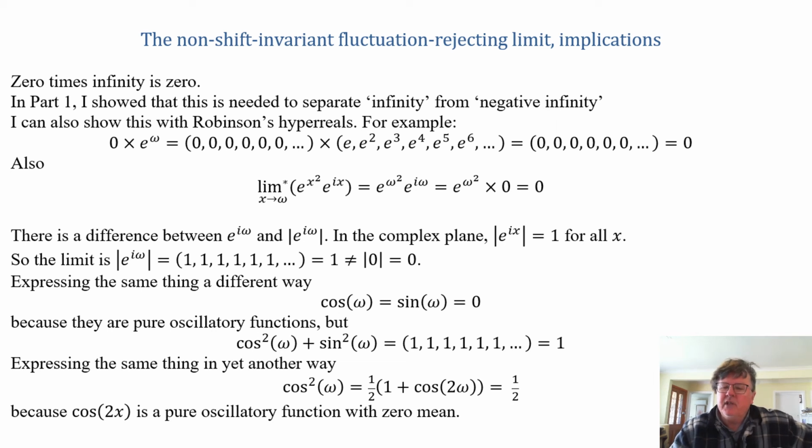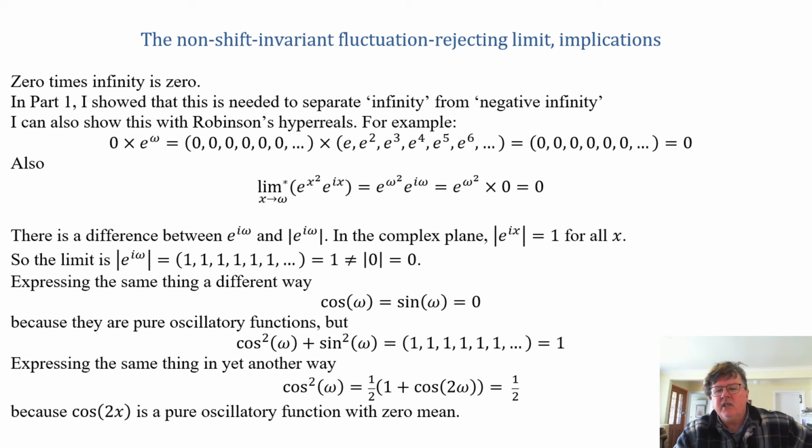Expressing the same thing a different way. Cos of infinity equals sine infinity equals 0 because they are pure oscillatory functions, pure fluctuations. But cos squared plus sine squared is the sequence 1, 1, 1, 1, 1 equals 1.